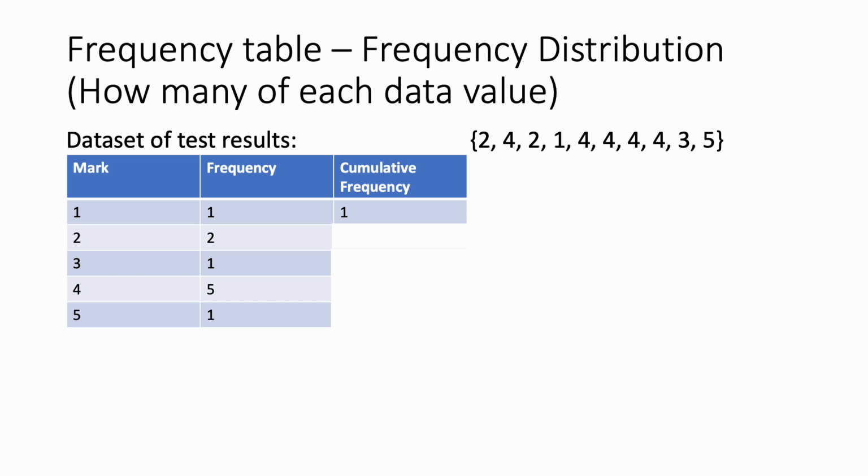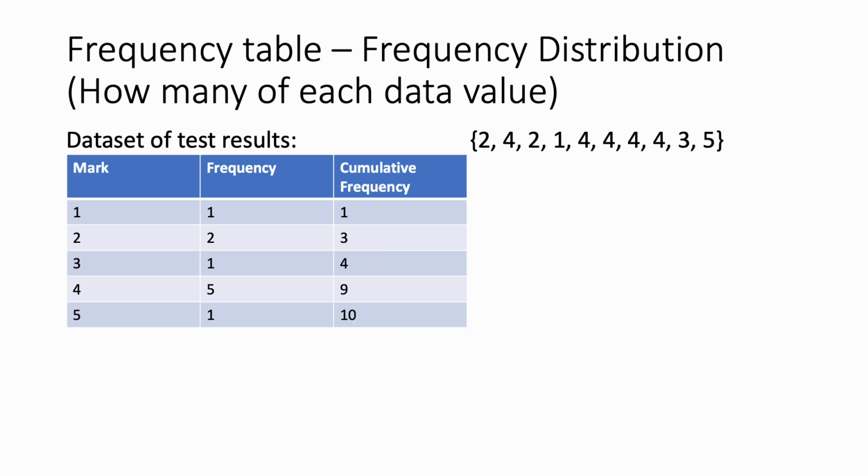Now to compute how many students scored up to the next mark, which is 2, we add the frequencies of both 1 and 2. In other words, we accumulate frequencies as we go down the table. Hence the name cumulative frequency. So the frequency of mark 1 is just 1, whereas the frequency of mark 2 is 2. So 2 plus 1 gives you 3, hence 3 in the second row.